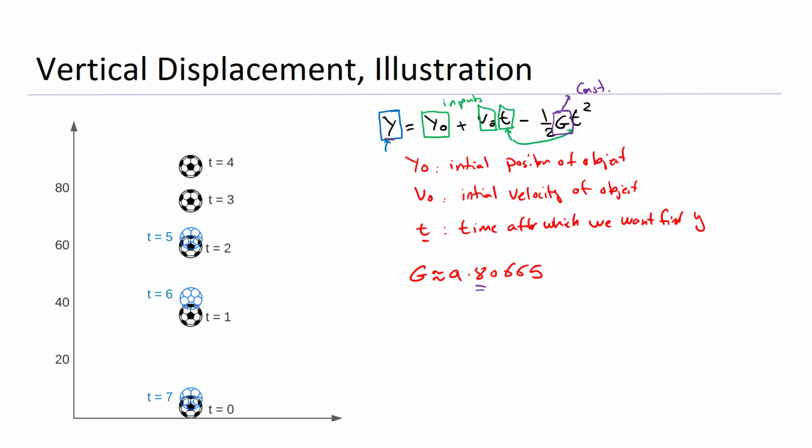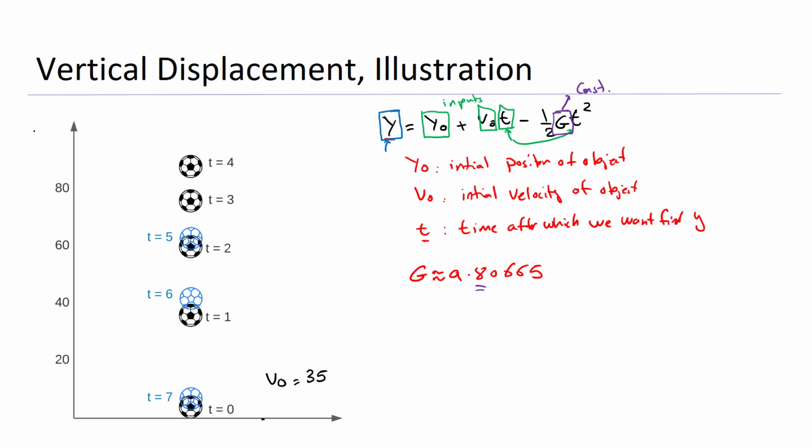Now, in the field of physics, it's always a good idea to have an illustration that helps you understand the problem that you're trying to solve. And here is an illustration for our vertical displacement problem. Let us assume that we are throwing a ball into the air at an initial velocity. So the initial velocity of this ball, v0, is let's say 35.